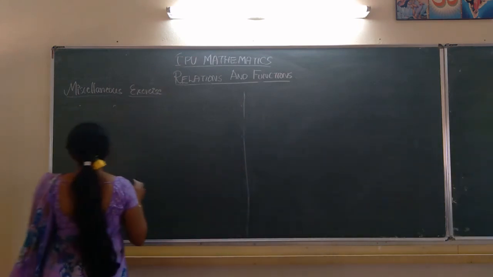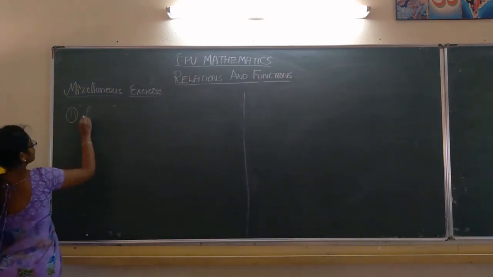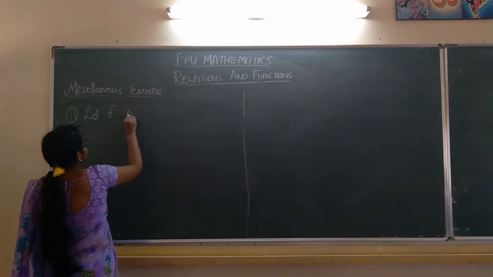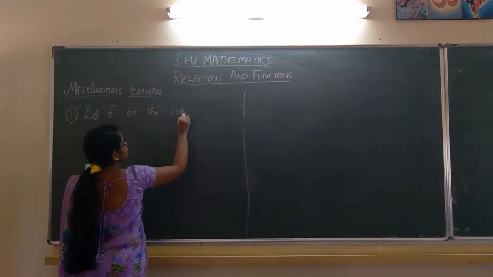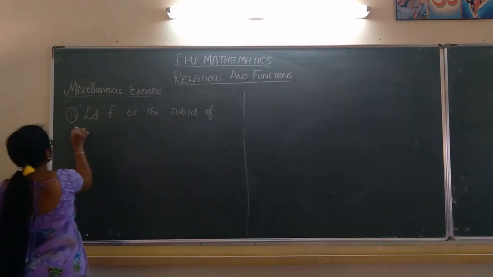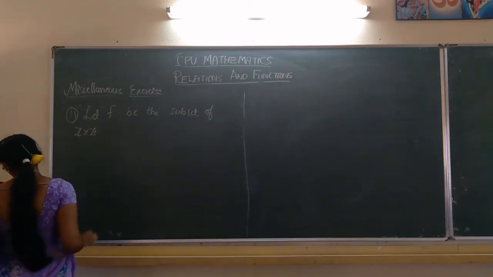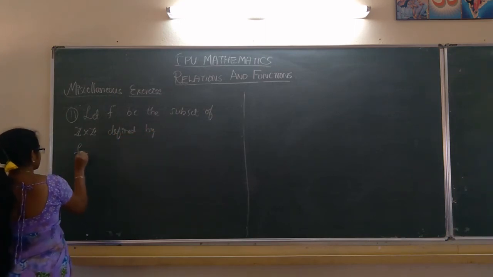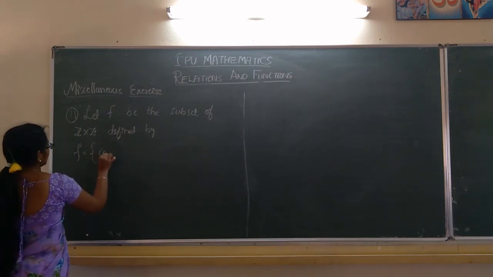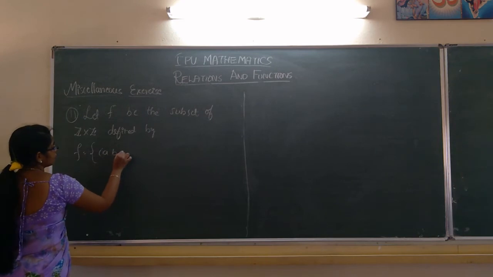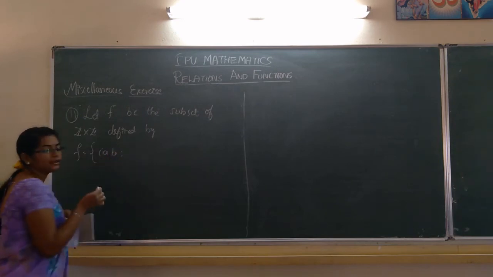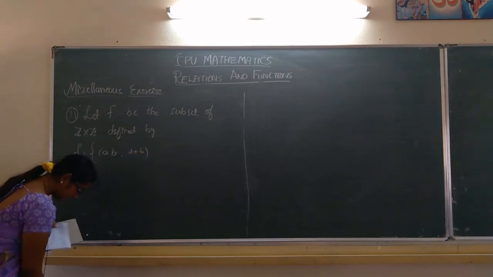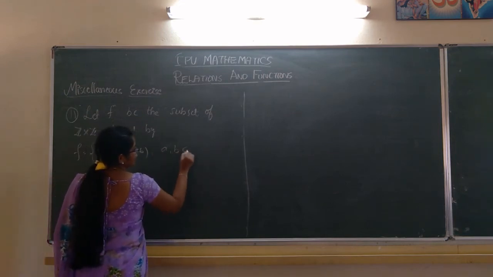The next problem is, let F be the subset of Z cross Z defined by F is equal to the set of ordered pairs (ab, a plus b), where a, b belong to Z, that is, a and b are integers.